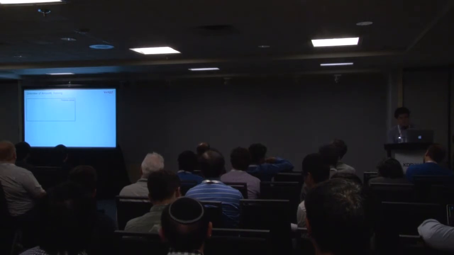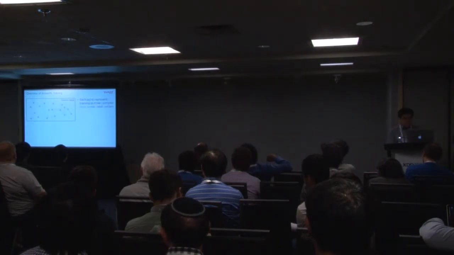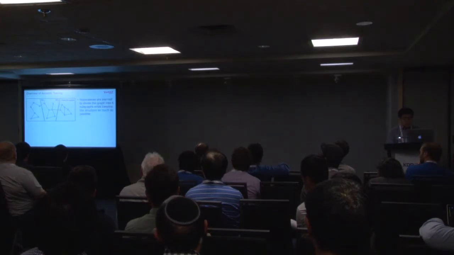Next, we present an overview of training. Each point in the space represents a training sample. First, training samples are connected if two samples have similar label vectors. Then, hyperplanes are learned to divide the graph into k subgraphs, while keeping the structure as much as possible.